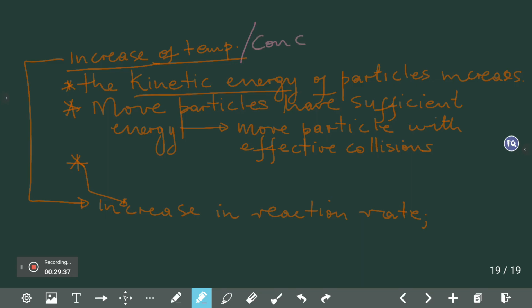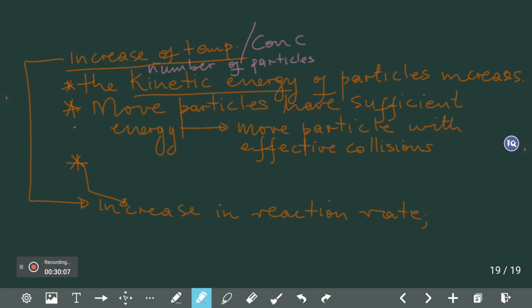When you increase the concentration, you put in more particles, meaning that more particles will have sufficient energy, and you'll have more effective collisions, and that's how the reaction rate increases.